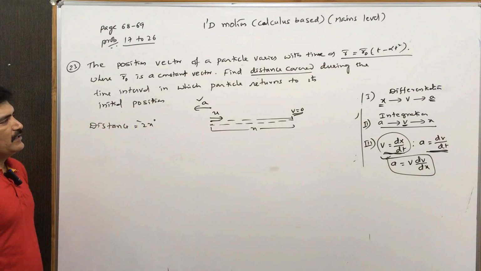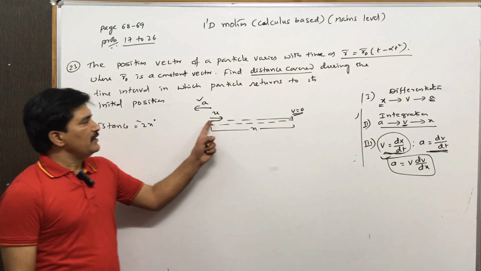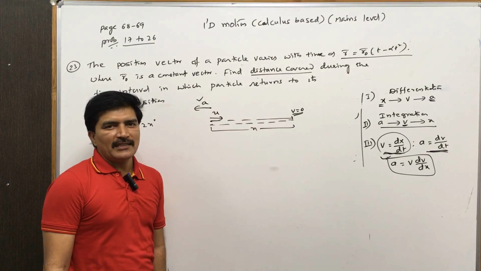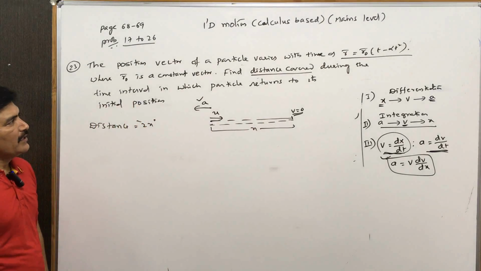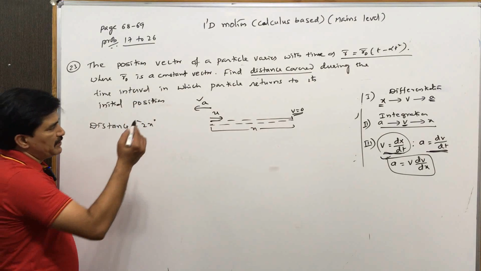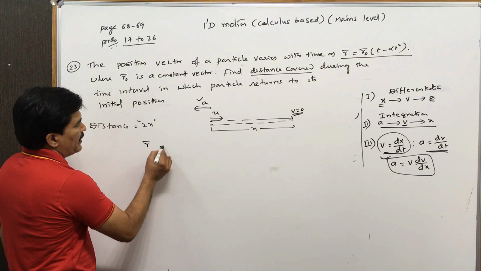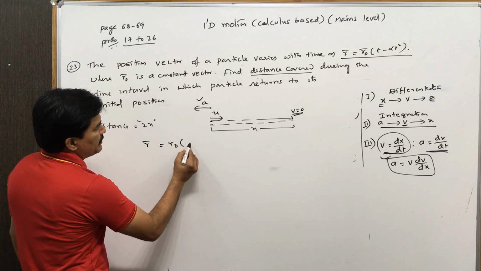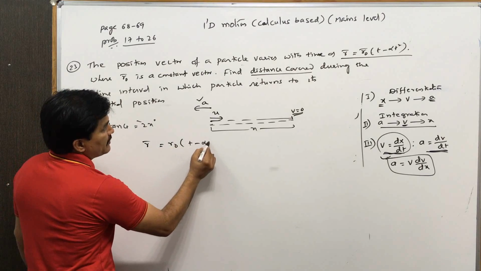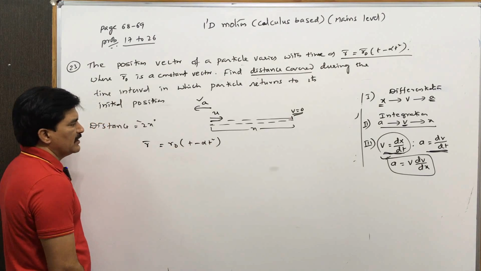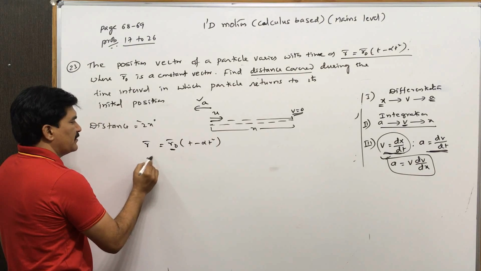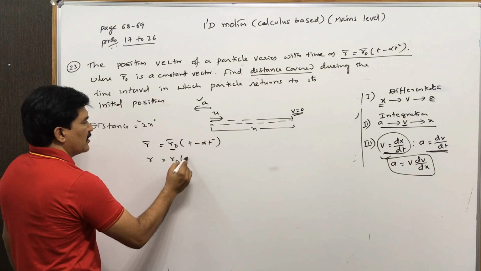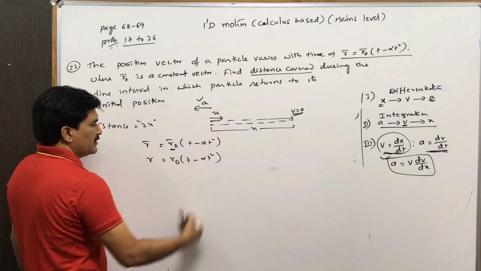How to find the distance covered by the particle when its velocity becomes 0? This is a straight line path, so that is nothing but the displacement when velocity becomes 0. So, what is the given information? R bar is equal to R naught into t minus alpha t square, isn't it? As this is a constant vector, the magnitude of r I can write as r naught into t minus alpha t square.